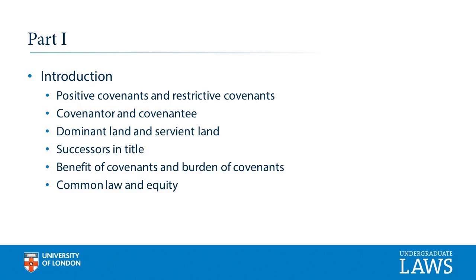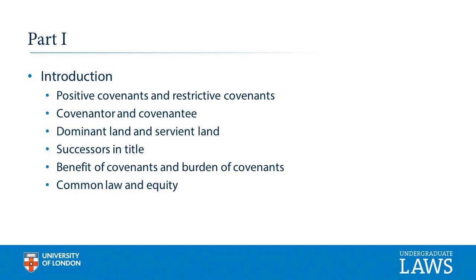Imagine that A sells Redacre to C. Redacre is described as the dominant land because it is the land which benefits from the covenants. And imagine that B sells Whiteacre to D. Whiteacre is described as the servient land because it is the land which is burdened by the covenants.